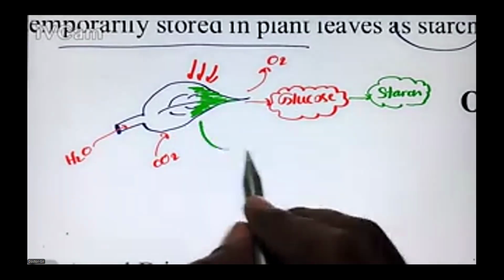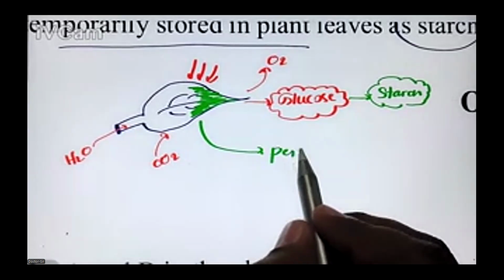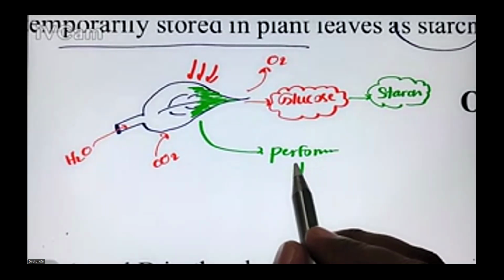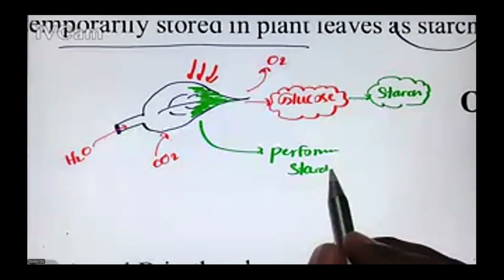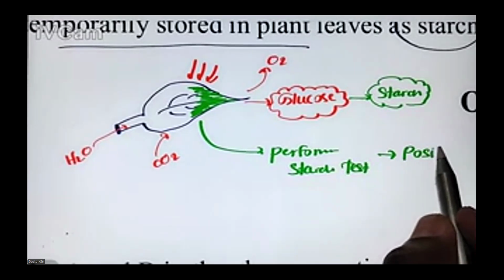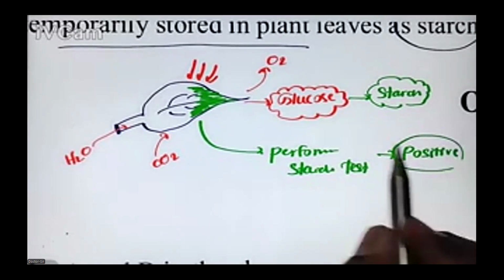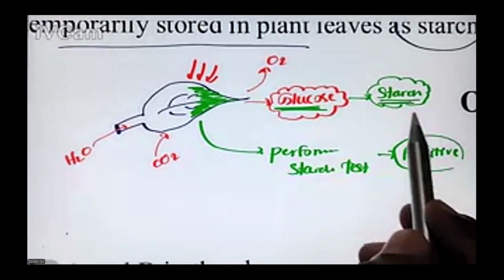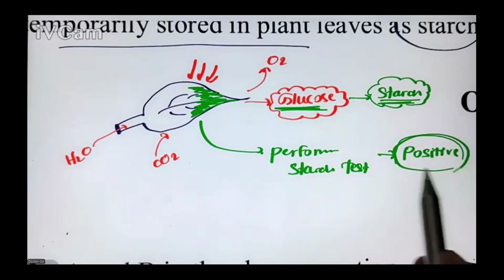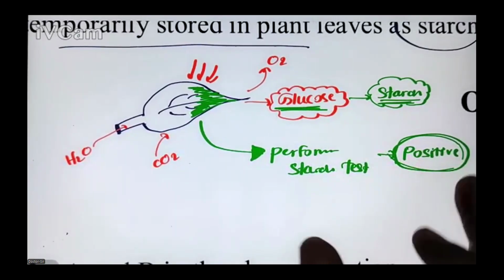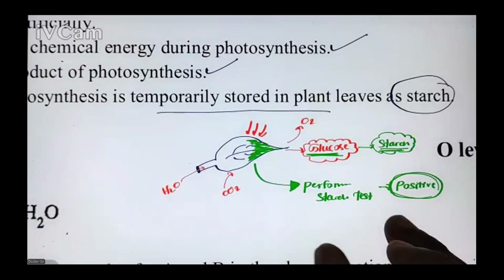That's why when we take this leaf and perform a starch test, it will be positive. Why? Photosynthesis mainly produces glucose, and that glucose is temporarily stored as starch. So after photosynthesis, if we take this leaf and perform the starch test, it will be positive. That's the reason.